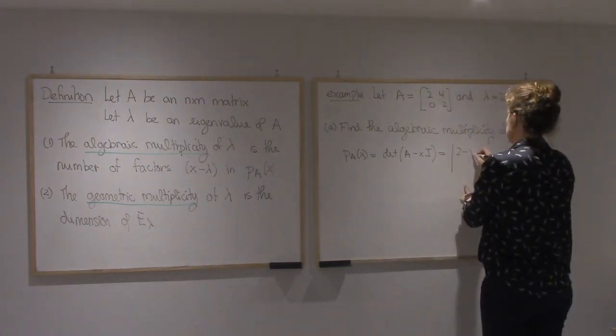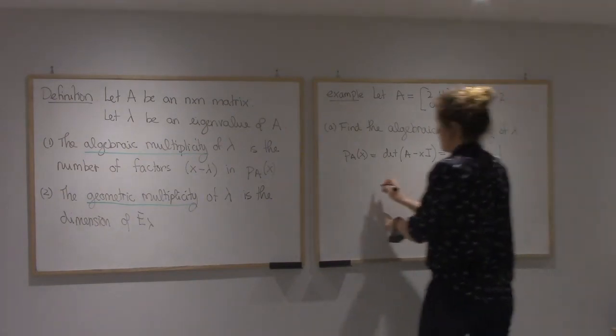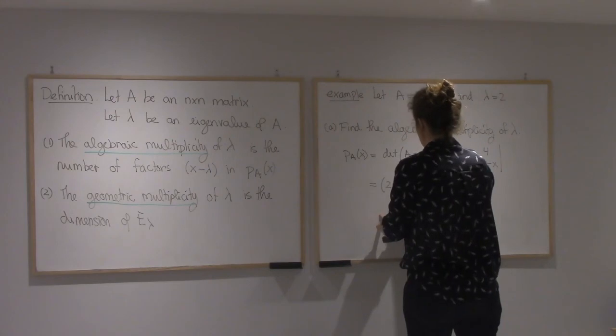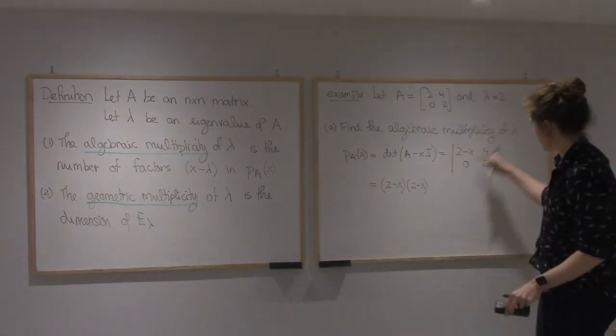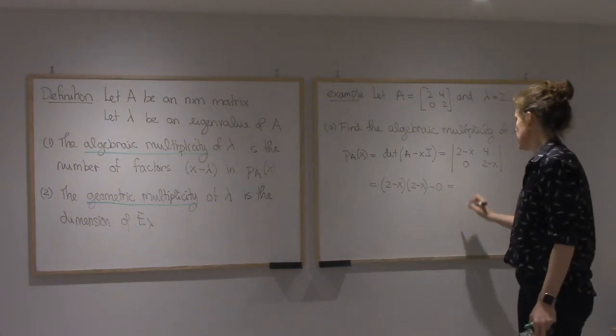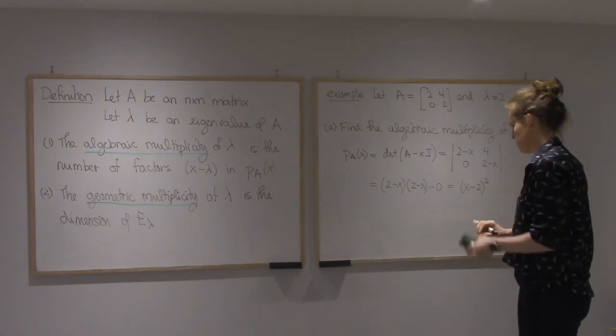So 2 minus x, 4, 0, 2 minus x, and I will get 2 minus x times 2 minus x. That's this one, and then minus 0, and so I get (x minus 2) squared.